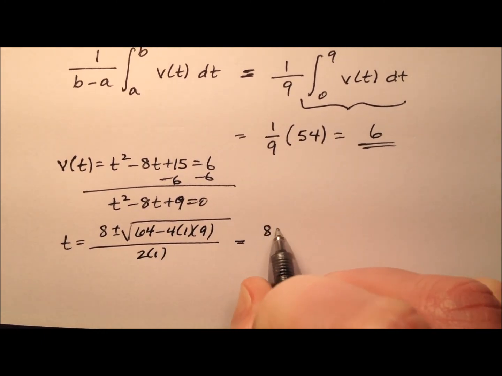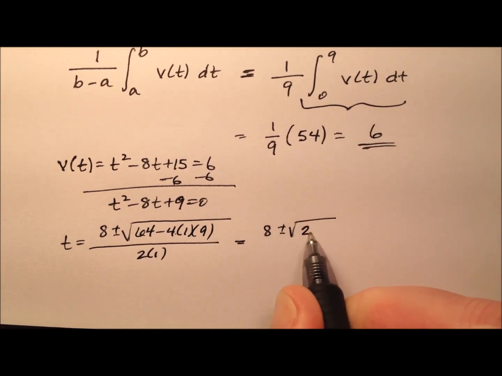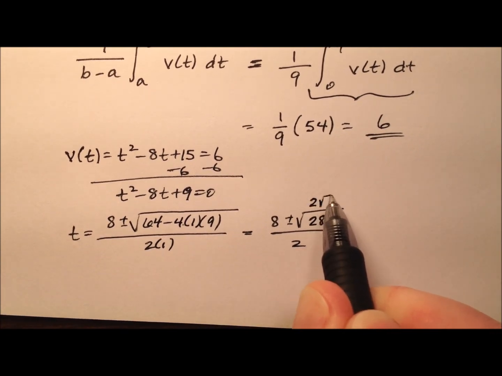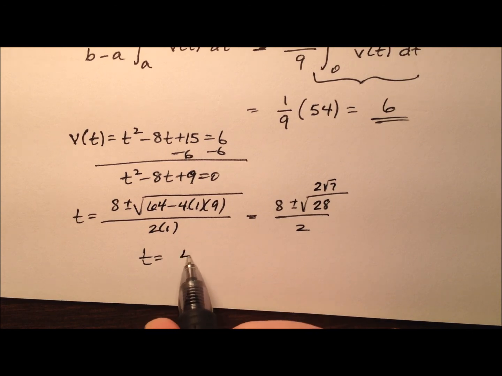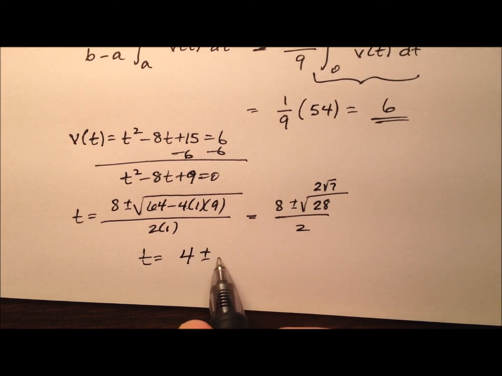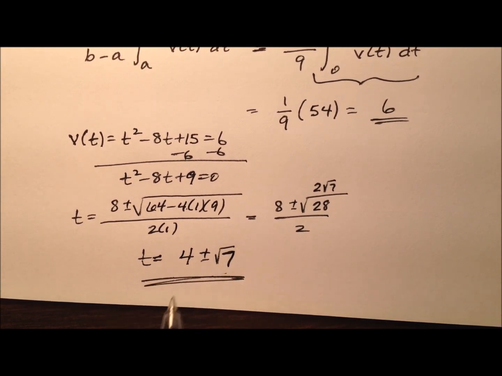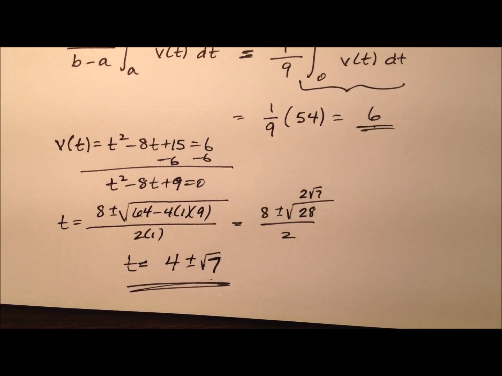That's going to be 8 plus or minus, let's see, 64 minus 36 should be 28, over 2. I can simplify this to 2 radical 7 and then cancel some 2's. So 4 plus or minus radical 7. And that's the time that it will achieve this average velocity of 6.